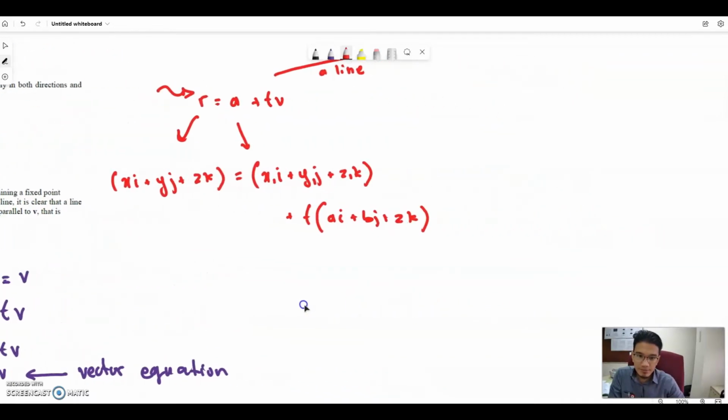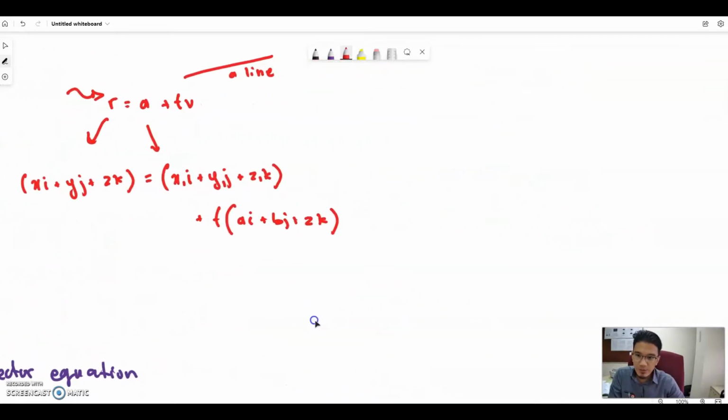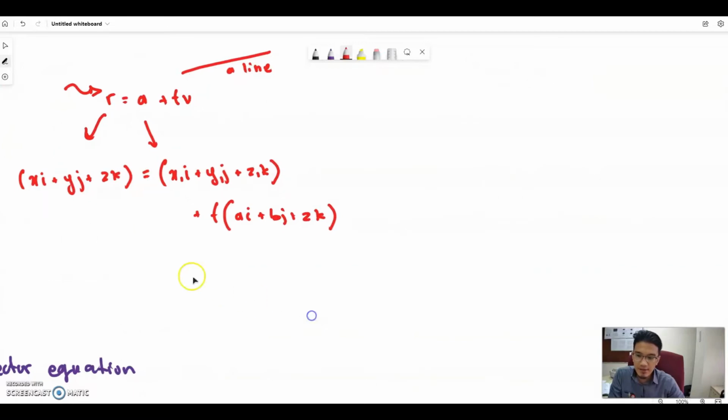Next, we continue from what we already have. xi plus yj plus zk equals x1 i plus y1 j plus z1 k plus t, a scalar, times ai plus bj plus ck, which all come from the equation of a straight line r equals a plus tv. As we can see, we can make a comparison.